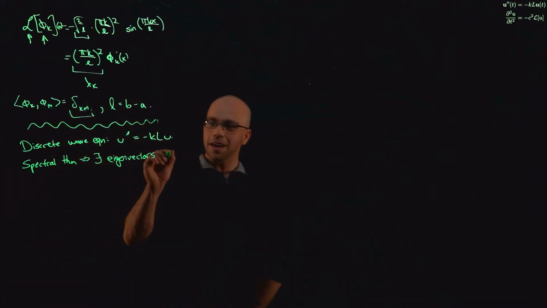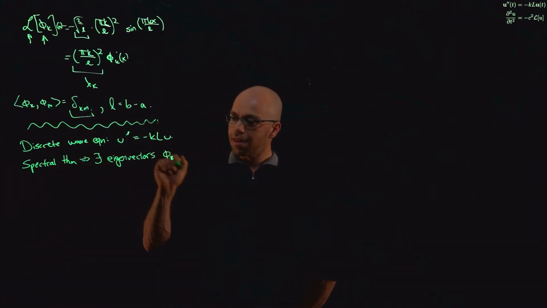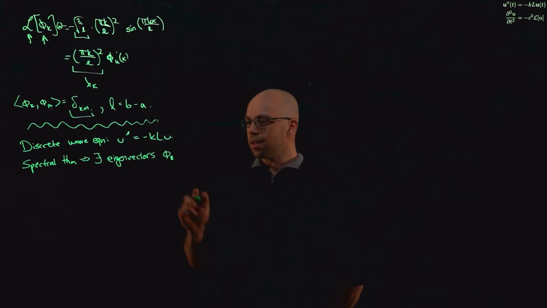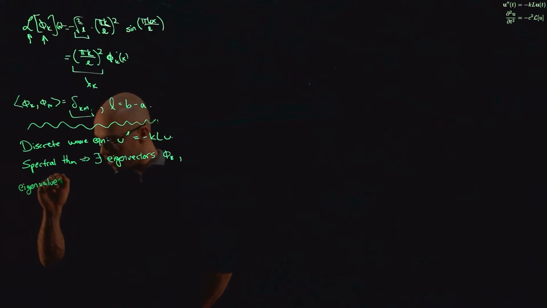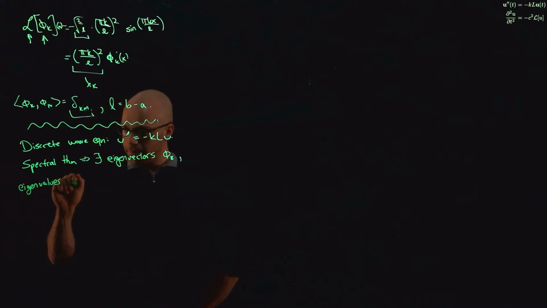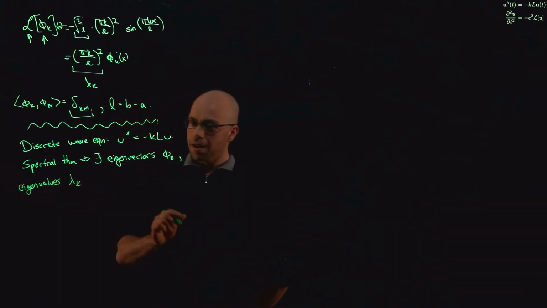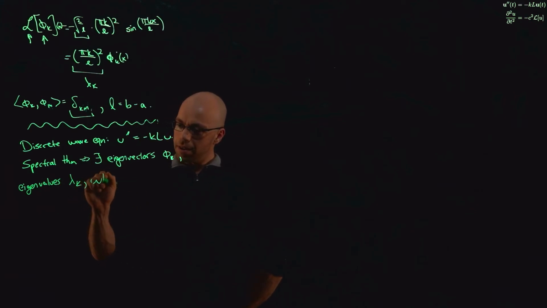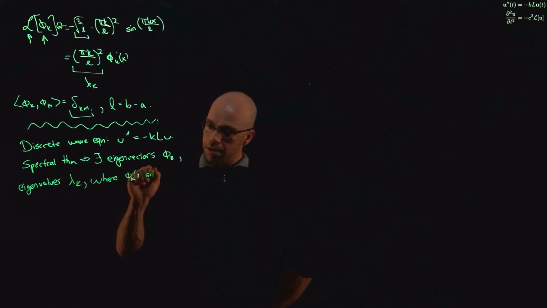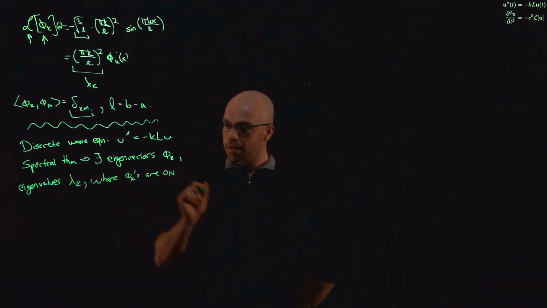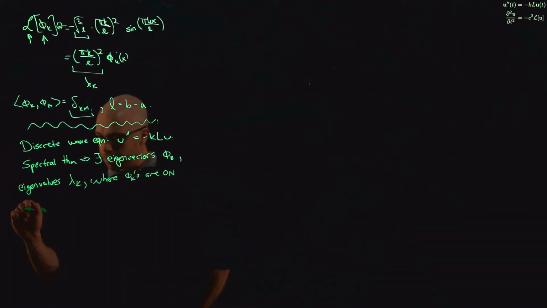I'll call them phi k. I guess these are in R^(n+1). And eigenvalues, which we'll call lambda k, where the phi k's here are orthonormal and span R^n.